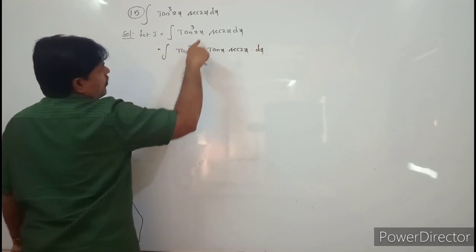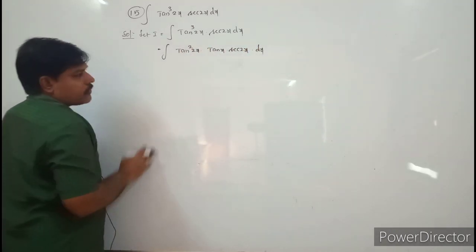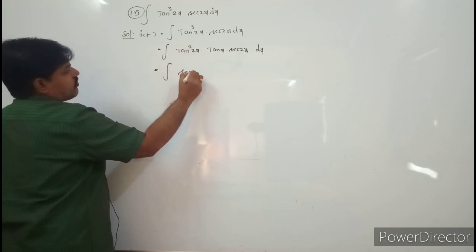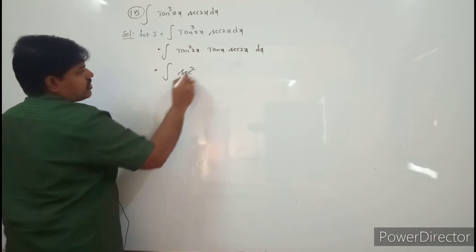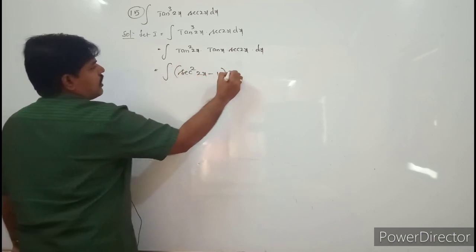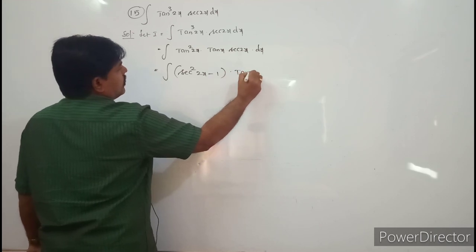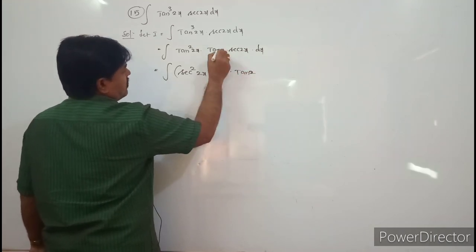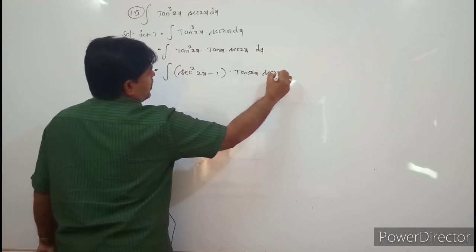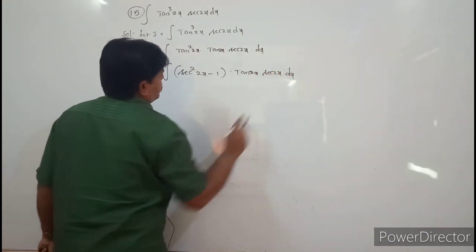This tan cube I have written as tan square into tan. And also tan square theta is secant square theta minus 1. So you can write it as secant square 2x minus 1 into tan 2x into secant 2x into dx.